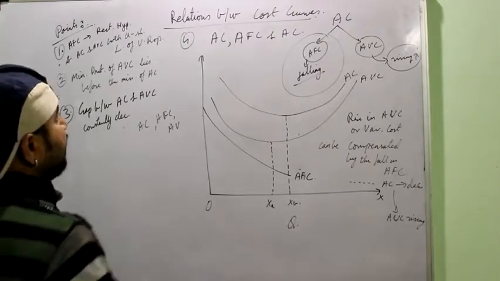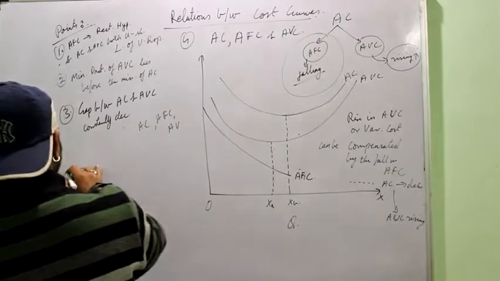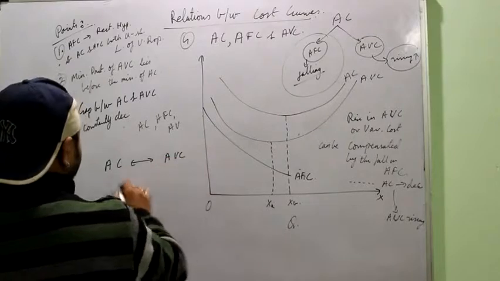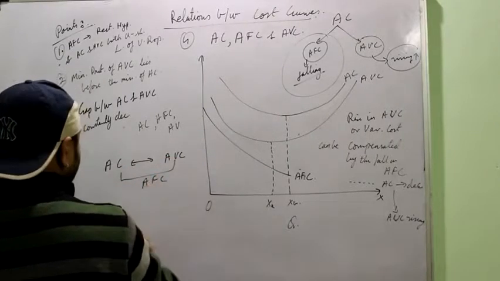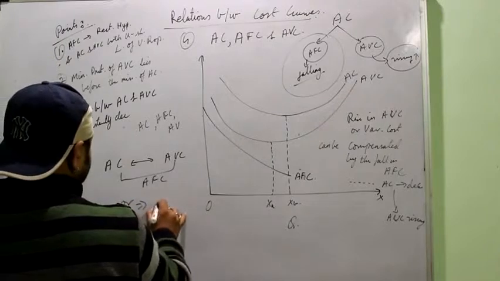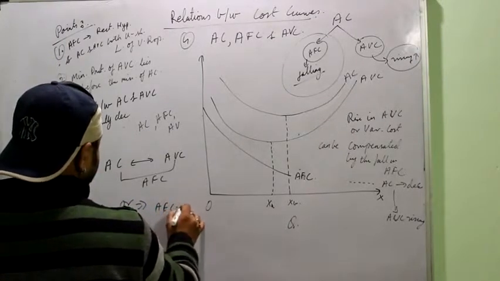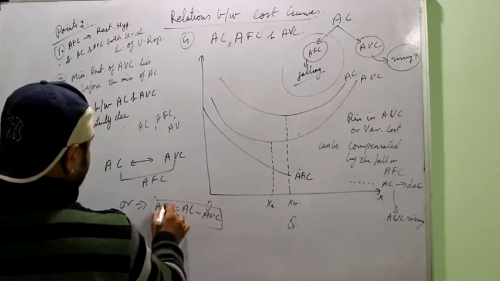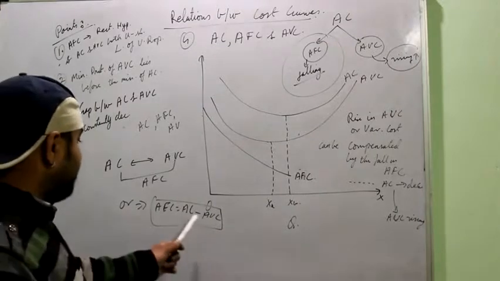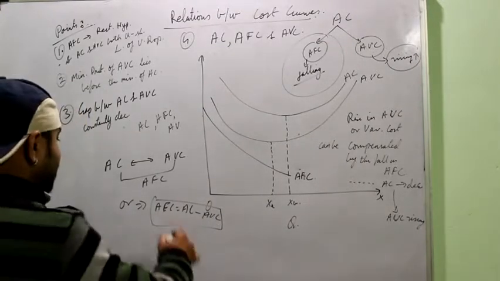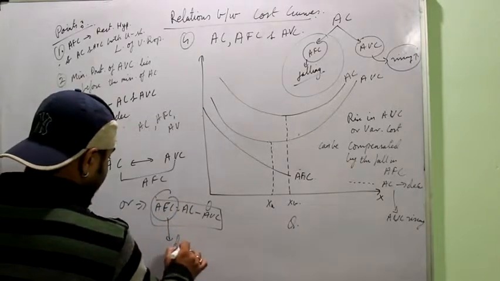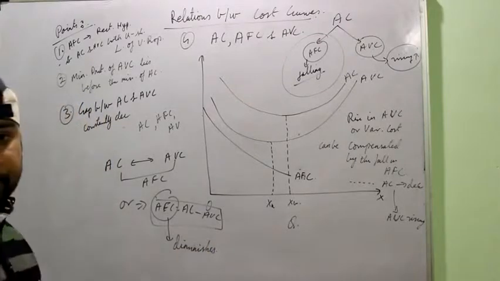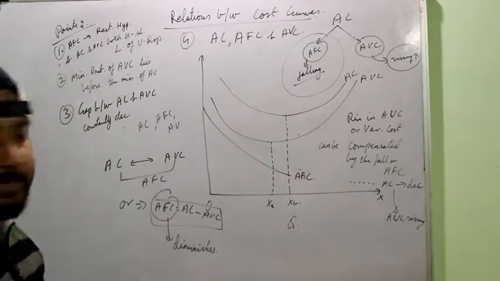Now again, the difference between AC and ABC is nothing, it is AFC, or you can say AFC is AC minus ABC, mathematically also a formula. And what happens to AFC? It continuously diminishes, so the gap also continuously decreases.